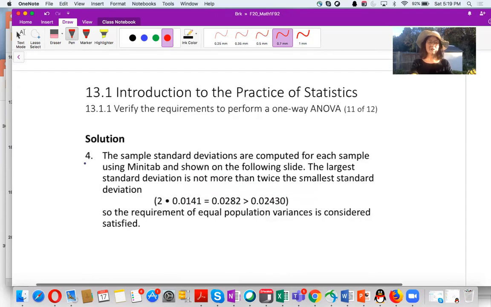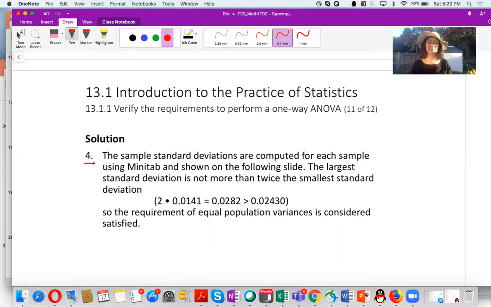And for number 4, how do we verify the variances for the 3 populations are the same? We can use a simple method. We can first calculate the sample standard deviations. Given sample data, you can calculate the standard deviation.